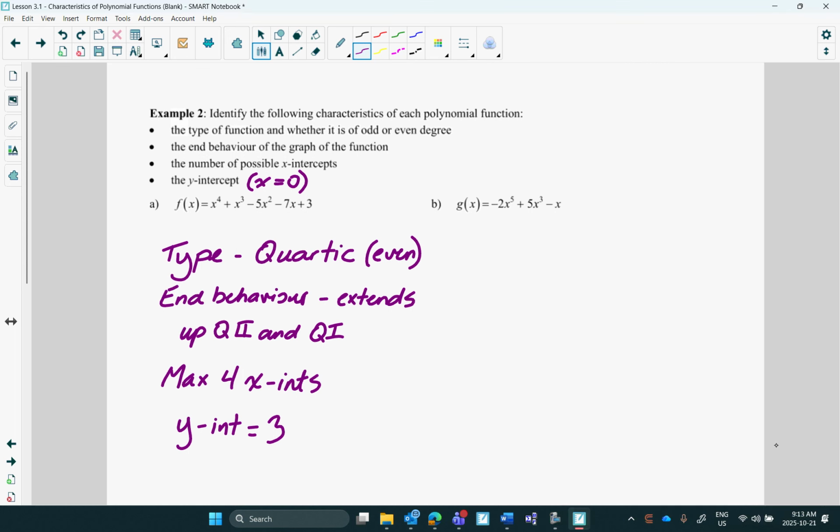Right? Quintic? Odd or even? Odd. And end behavior. Sounds like we have some arguments here.